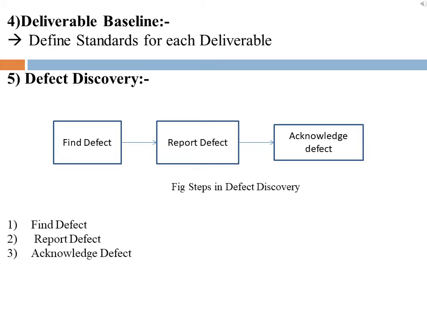The next is defect discovery. A defect has not necessarily been discovered when the user simply finds a problem. Strategies need to be implemented that uncover the defect and facilitate the reporting and acknowledgment of the defect.